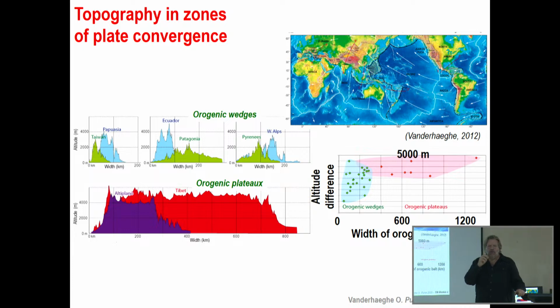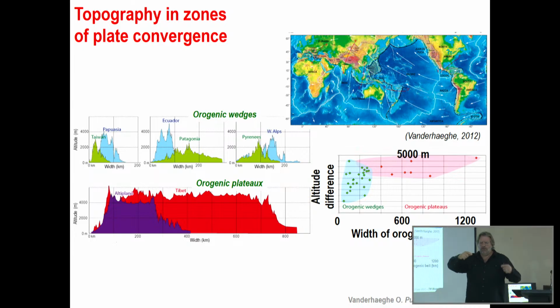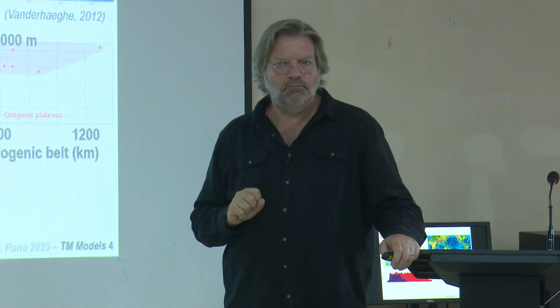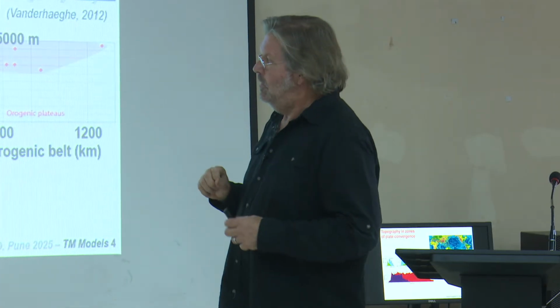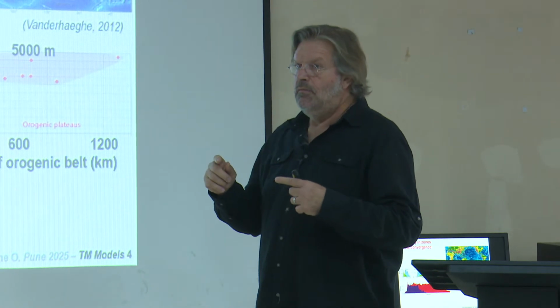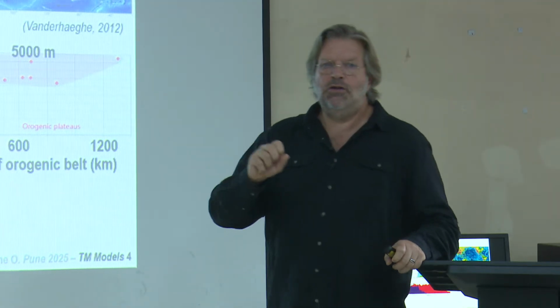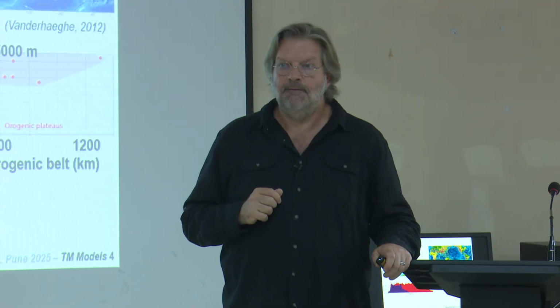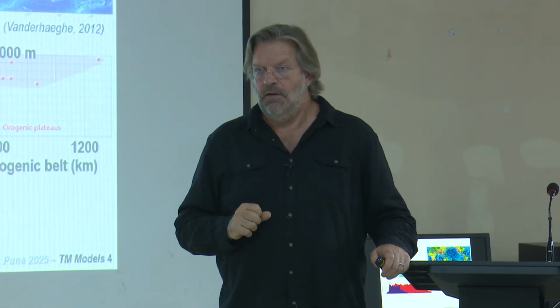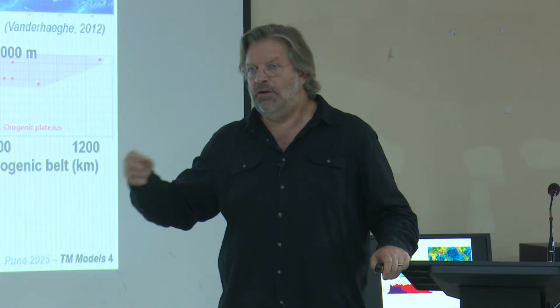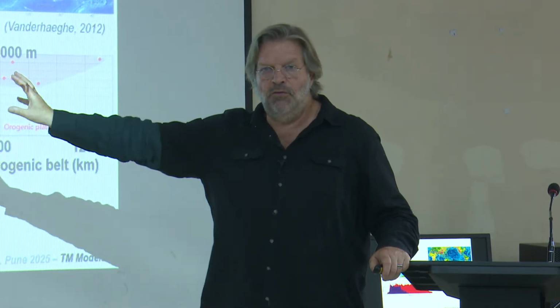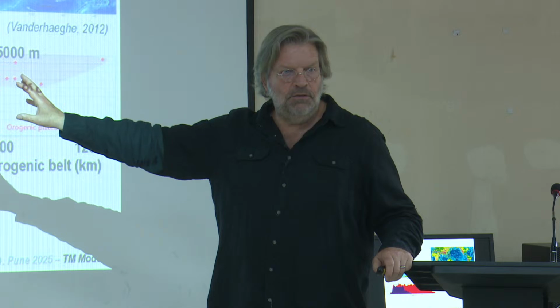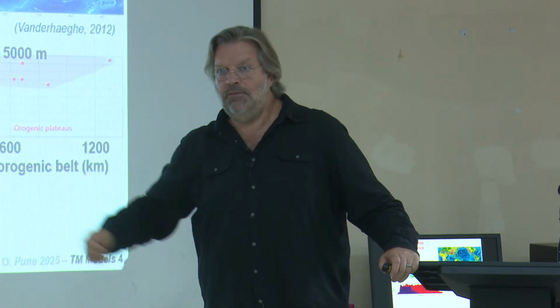So we talked about gravity versus tectonics, erosion. Are you okay with that? Isostasy, yeah. But think about what we described in terms of how the rocks involved in the orogenic belt evolve in time.